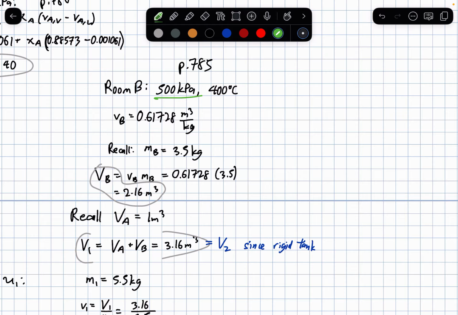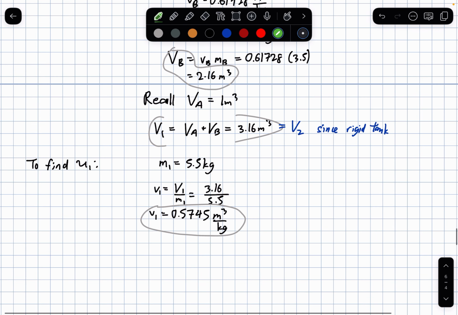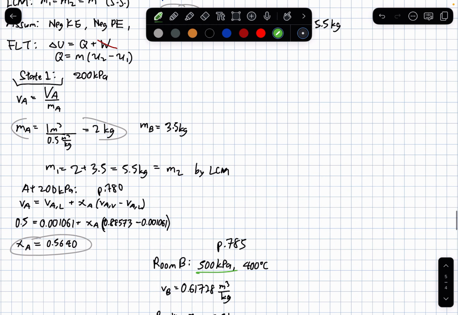At 500 kilopascals, specific volume, sorry, kilopascals rather. I think I'm gonna stop right now.